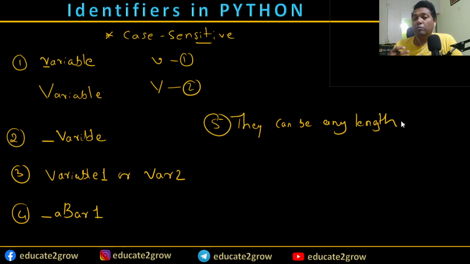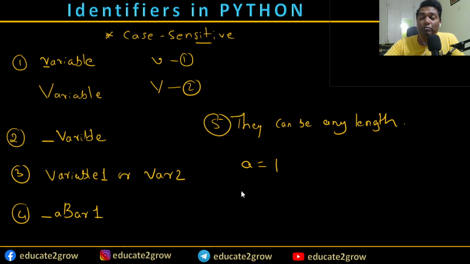And when you write an identifier, it should be meaningful. For example, you can write a equals 1. Instead of that, if you mean to say you want to identify one fruit, we have apple, one fruit, a equals 1.